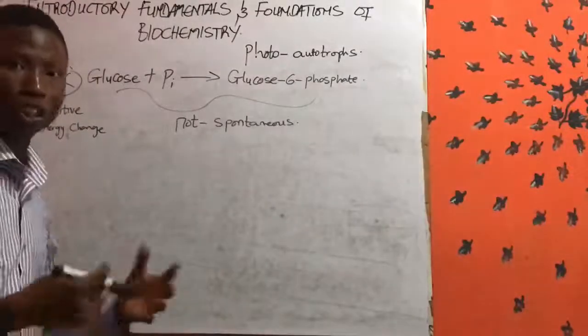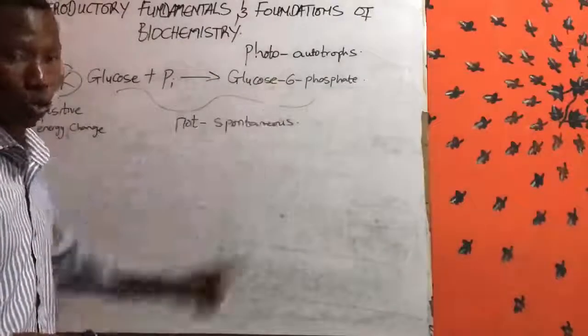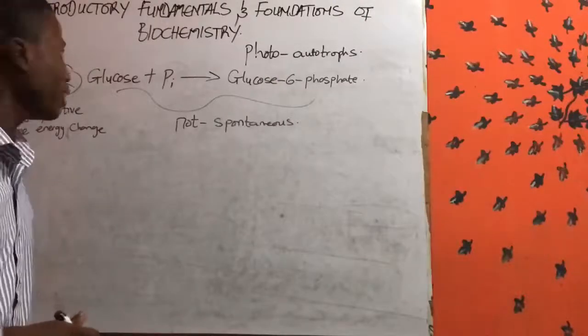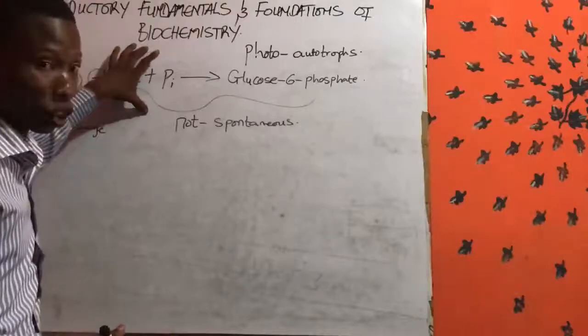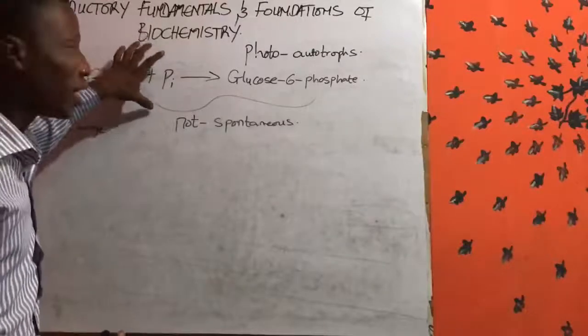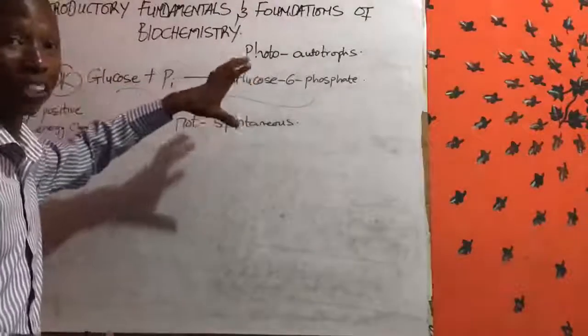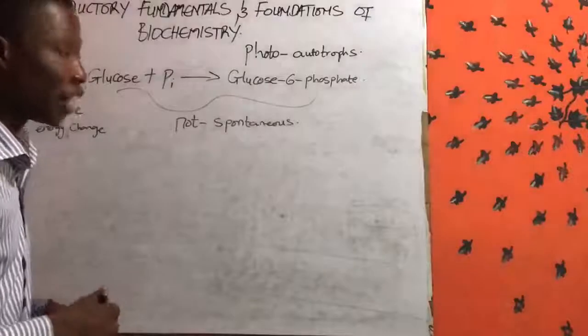So what will my body do? My body will still need glucose 6-phosphate to continue glycolysis. So what the body will do is this: the body will now incorporate the endergonic reaction, which is not feasible, with an exergonic reaction, which has a large negative free energy change.